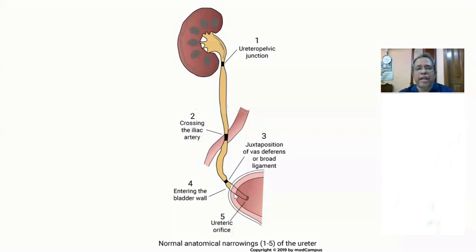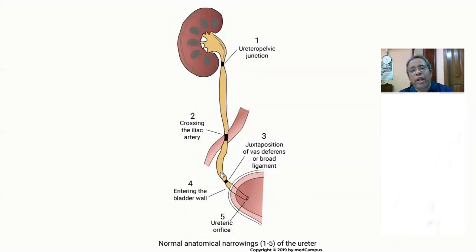And lastly, when the stone enters the urinary bladder, there is severe pain, and that pain is different from the other pains. The upper three positions of pain usually radiate from the loin to the groin, in a curved manner.